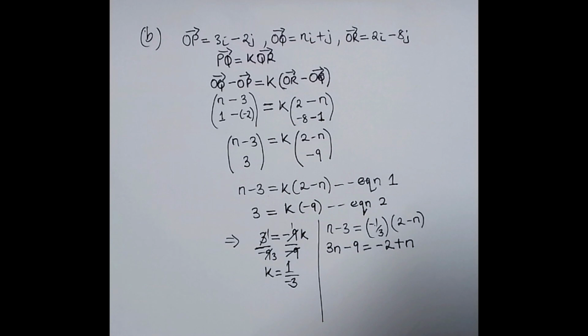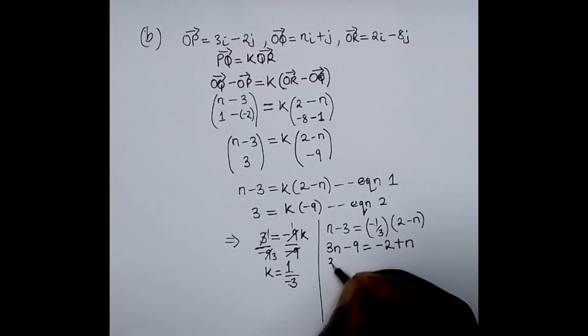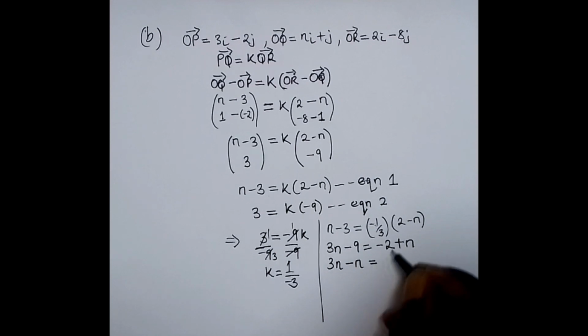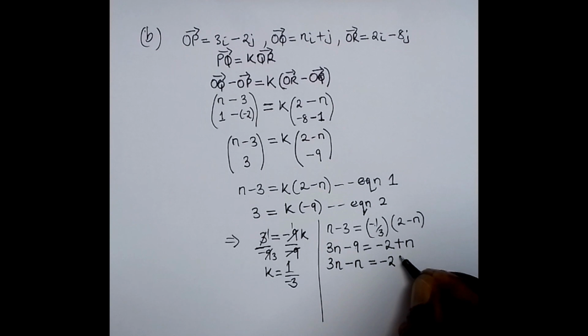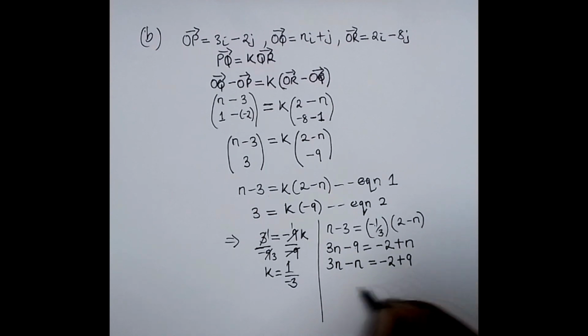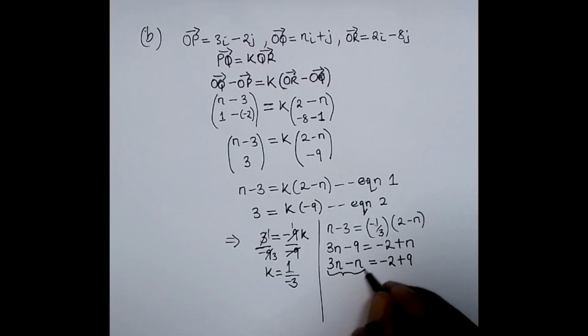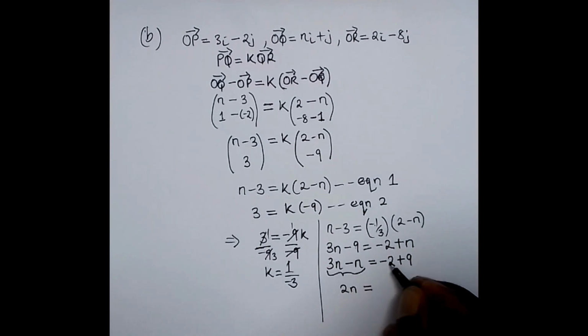Collect like terms. So 3n minus n is equal to, we maintain negative 2, then we move 9 to this side, which will be plus 9. The difference here gives 2n equal to negative 2 plus 9, which gives 7 positive.